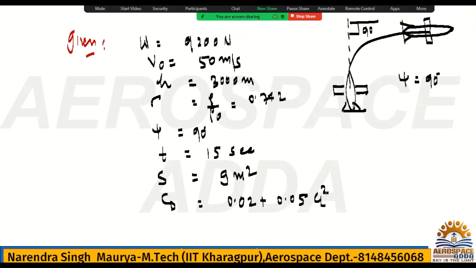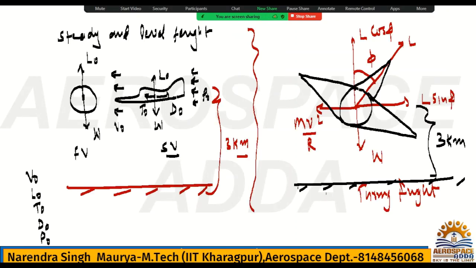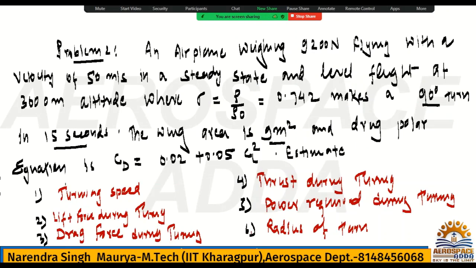Okay. Now to calculate all the values, like turning speed, lift during turning, drag force during turning, thrust during turning, power required during turning, radius of turn, these are the values.